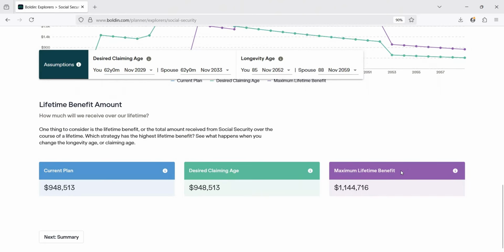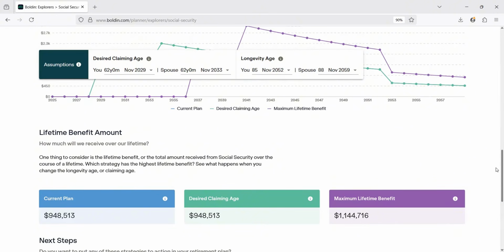However, if you waited to the suggestion, which was 70 years of age for the requester and for the spouse 69 years and 2 months, you're looking at 1.1 million. So, do you want to take a chance and wait that long? I don't know. But like I said, this is only one factor. You could eat so much into your savings that you're not willing to do that. So we'll see.